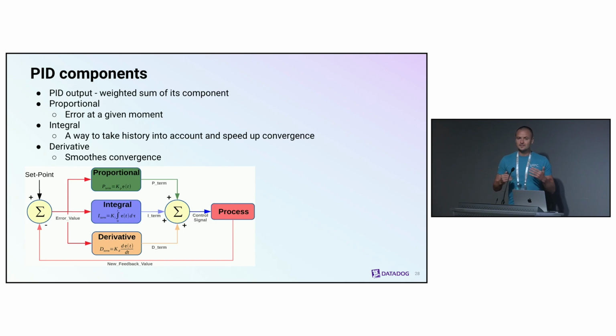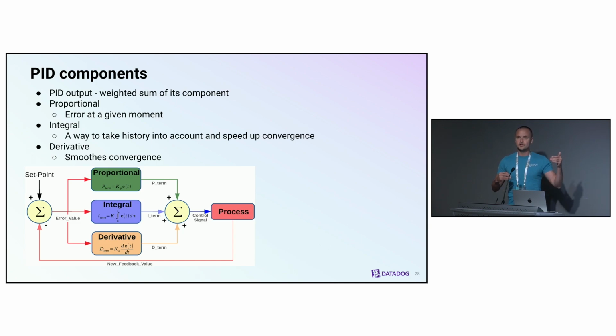The second one is integral, which allows you to take some history into account. Basically, if you increase your input and you observe that the effect on the output is too small, it would make sense to increase your input more next time. And the derivative one has the opposite effect.